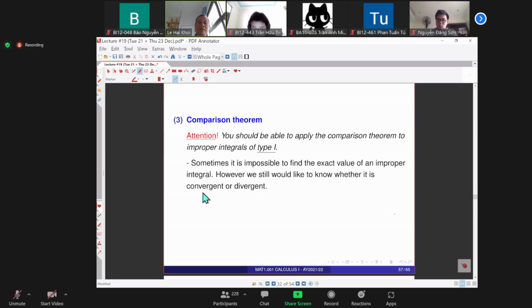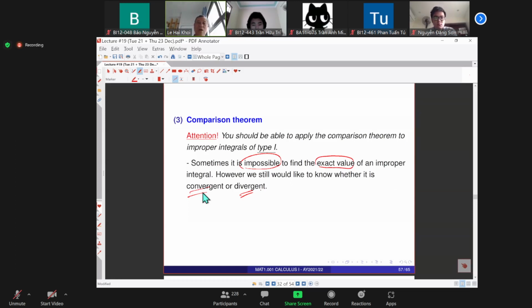Sometimes it is difficult to find the exact value of the improper integral, and even impossible. But at least in this case, you are asked to see whether this improper integral converges or diverges. We don't have the way to compute it, but at least we can say it is divergent or convergent.